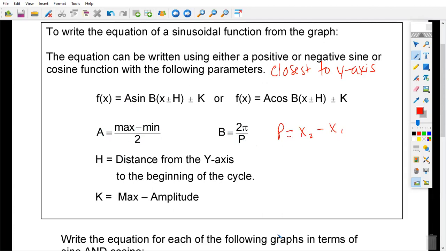Your H is going to be your distance from the y-axis to the beginning of the cycle. So how far are you from the y-axis? In terms of math, it would be the absolute value of 0 minus your x1. Why is it absolute value?